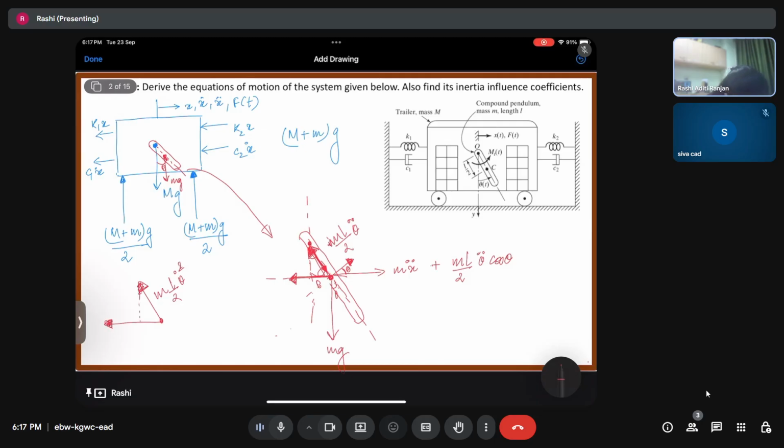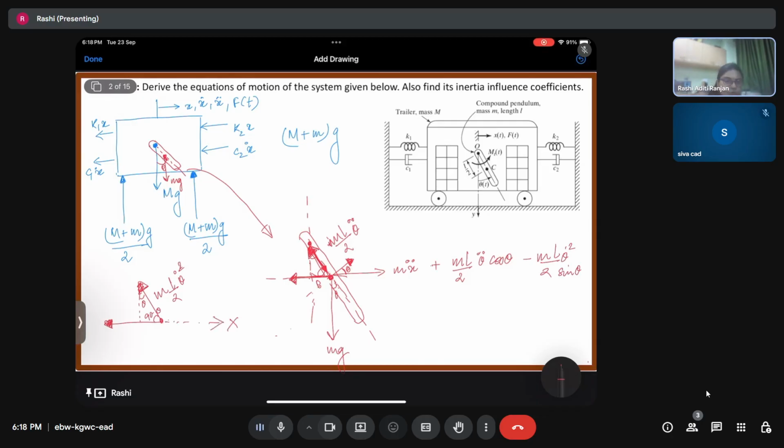Since this angle is theta, the other is 90 minus theta, so its component in this direction is minus m L by 2 theta dot square sine theta. Correct? This is like m omega square r, the force directed towards the center. It comes with a minus because we have 90 minus theta, in the opposite direction of x, which is in this direction.